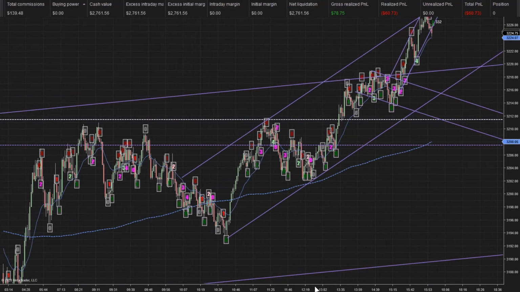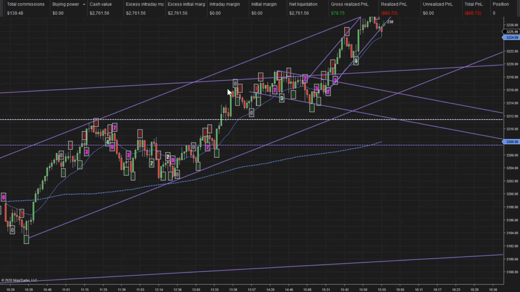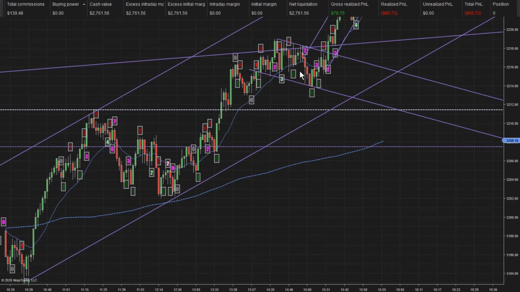But I will say today was pretty choppy. You had hours of chop here, an hour and a half of chop, and actually almost 2 hours of chop here. I just thought we had some movement coming, and got trapped out here. Unfortunately, 2 times I got trapped, and that was my mistake.